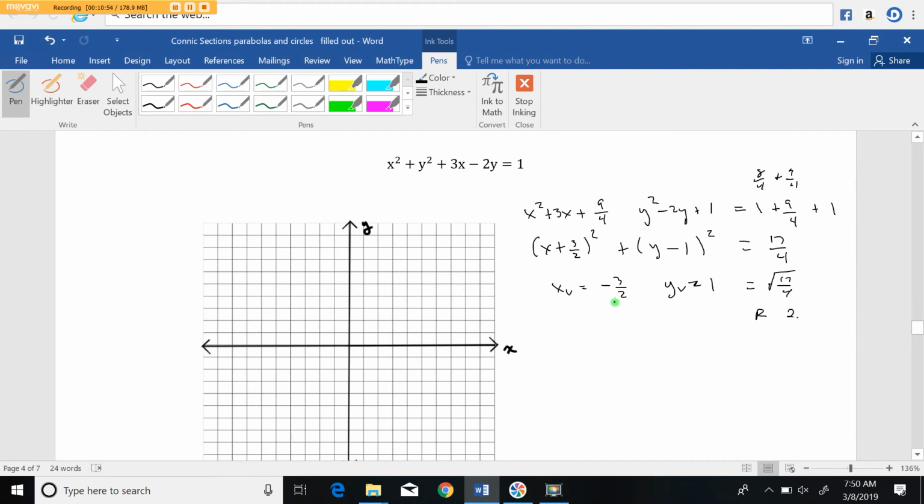All right, so negative 3/2, 1. Now this is negative 1.5, so 1.5 and then 1. Here's our center.